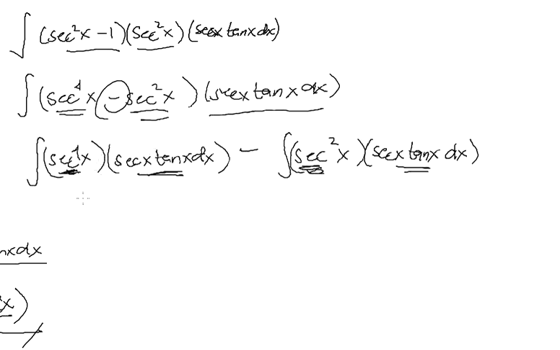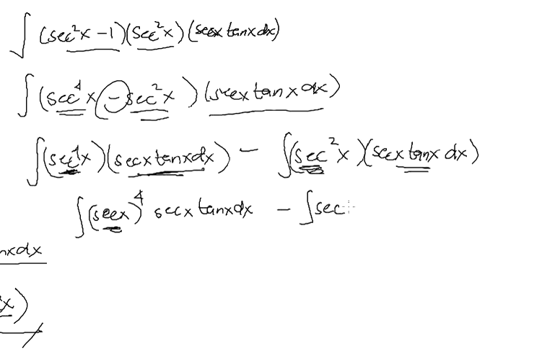So let us rewrite this as secant x to the fourth power, and the derivative of this term here is this one. So we have secant x tangent x dx minus, we do exactly the same process. We have secant x squared, then our derivative.